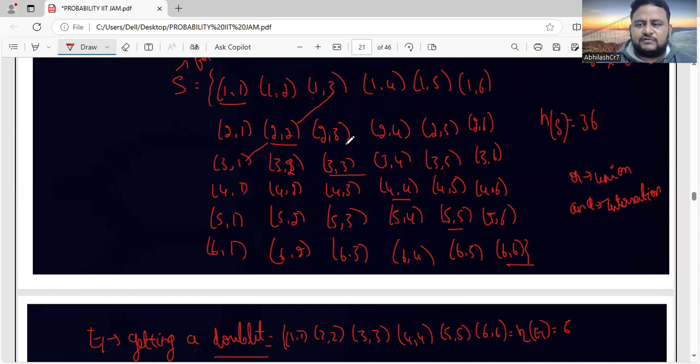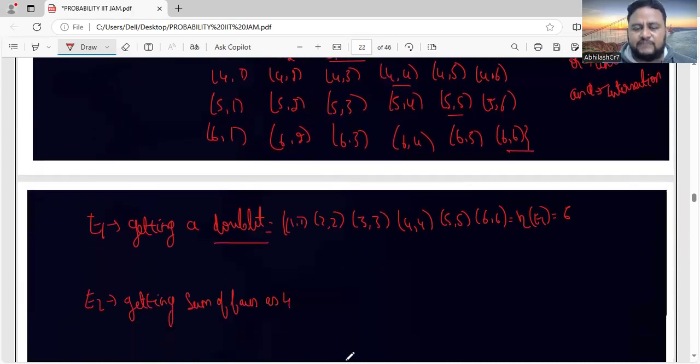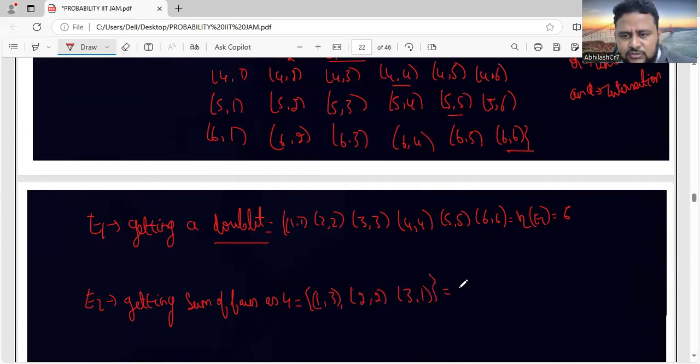That is, for the sum of the two faces to be 4, the only possibilities are 1,3, 2,2, 3,1. Got it? So n of E2 is how much, friends? 1, 2, 3.